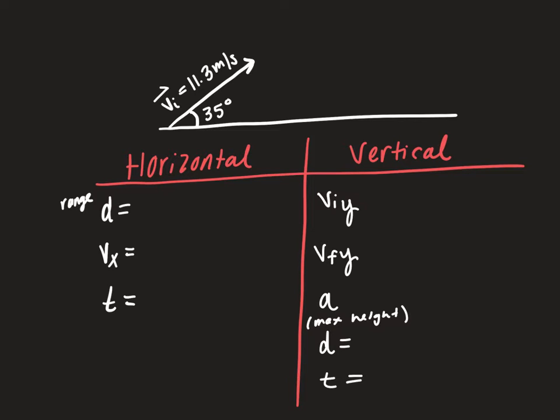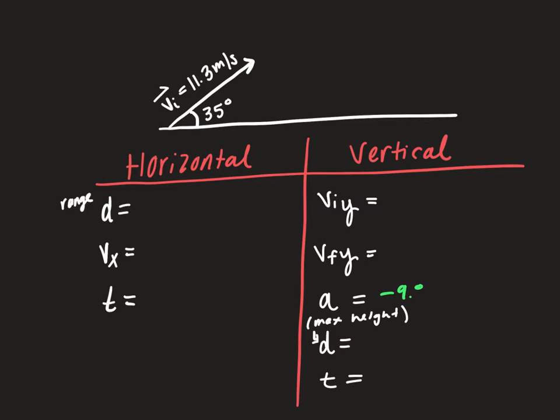Wait, what's that above the D? Max height. A equals max height, right? No, D. D equals max height. Then why did you put it above? I didn't. What is the A equal, acceleration? Acceleration. And what is acceleration always equal to for these?